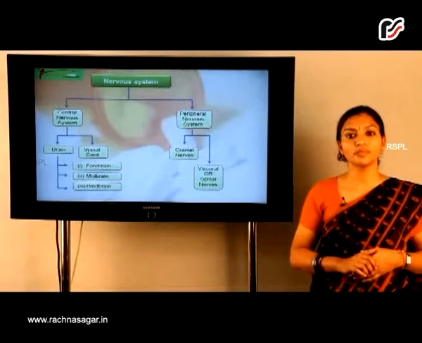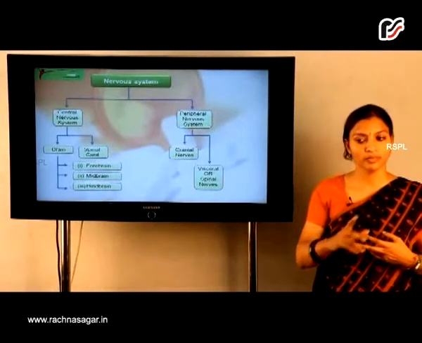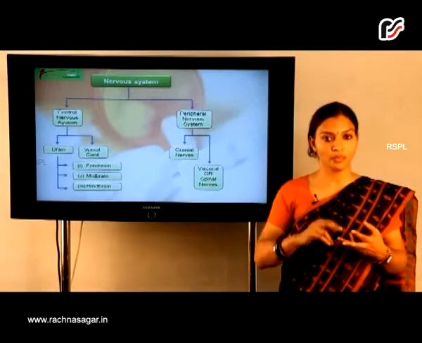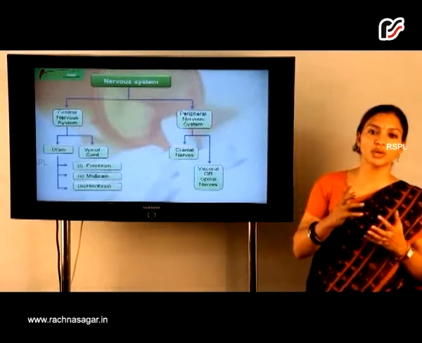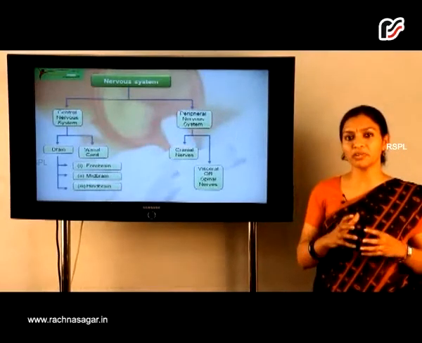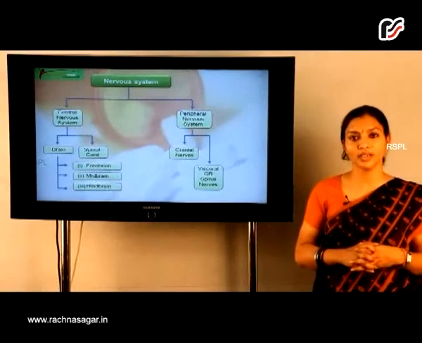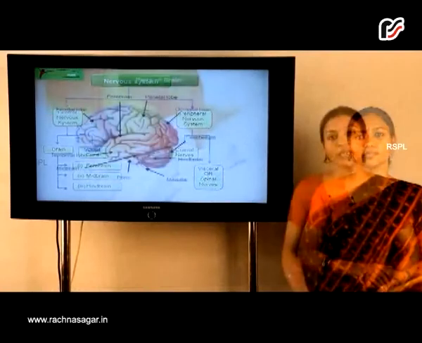Ma'am, as you explained, these are involuntary actions, voluntary actions, reflex actions, and also sense organs? Correct. Reflex actions, sense organs, all under the control of the nervous system. So overall, it is a very important system of the body, and it controls overall control and coordination.